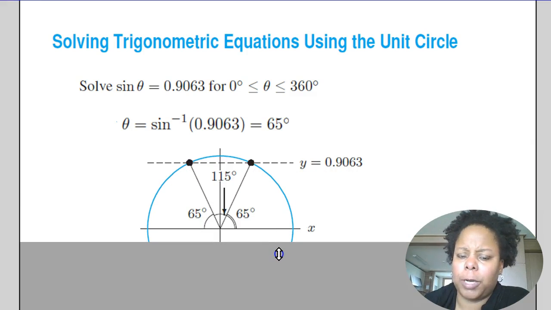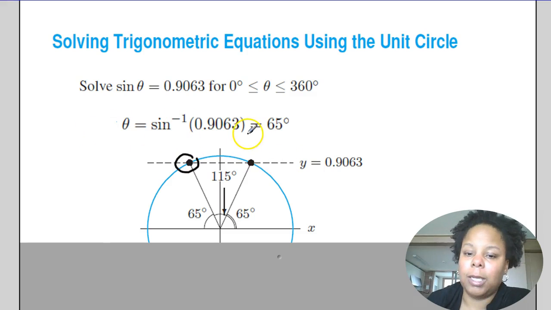But there's actually more than one answer on one rotation of the unit circle, but this second answer is outside of the -90 degrees to 90 degrees range that the arc sine will give me.